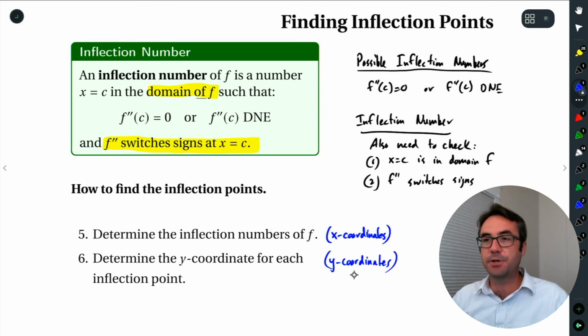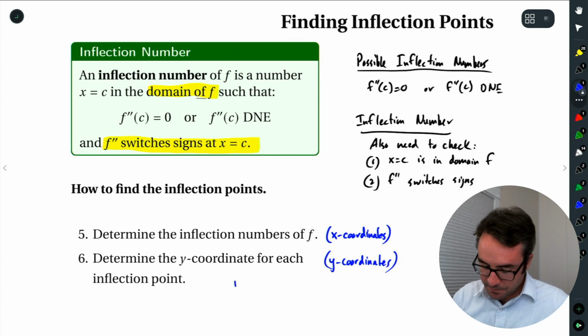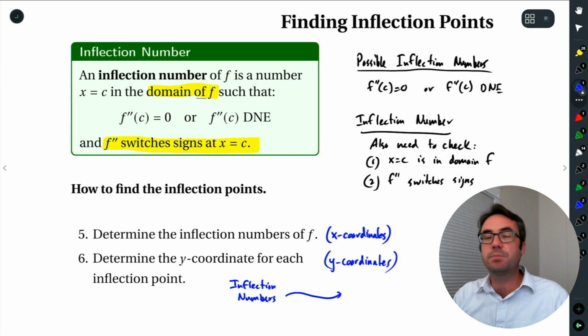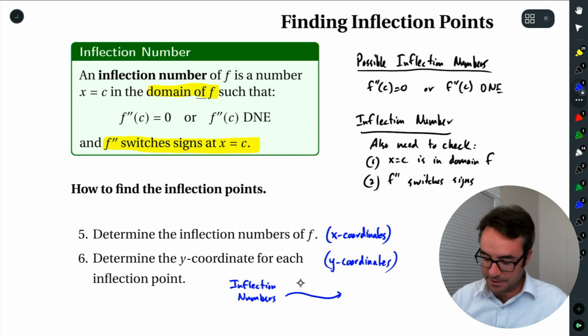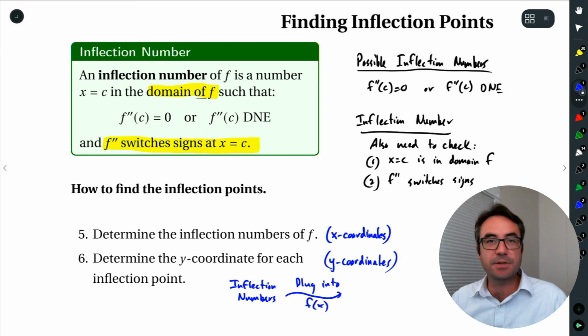How we're going to figure out the y coordinate is we plug into the original function. We'll take our inflection numbers and plug them into the original function f of x, and that's going to give us the y coordinate.